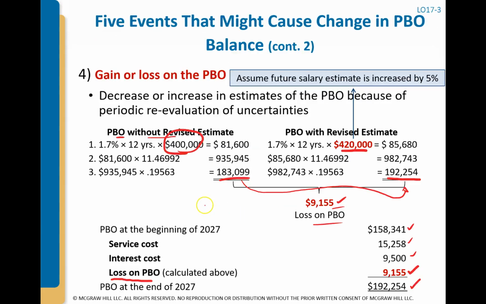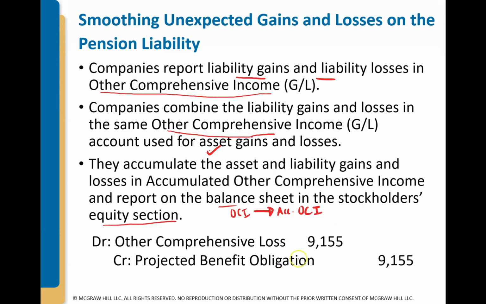But let's go back to this $9,155, okay? This loss on PBO. Let's see how that's recorded. Again, it's not going to be recorded to pension expense so that you don't have all these huge swings in your pension expense unexpectedly. Instead, we are going to debit other comprehensive income / loss. In this situation, it's a loss because it's a debit, and we have to increase our projected benefit obligation by the same amount, $9,155.